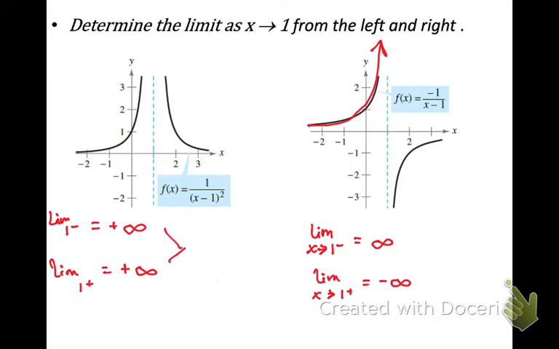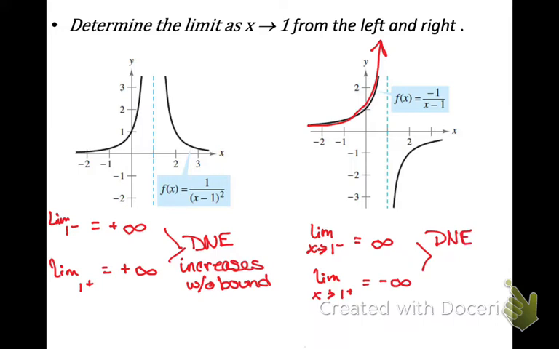So this answer would be D and E, increases without bound, right? What would the other reason be? Two different numbers. Okay, so I would take either one of those. It increases and decreases without bound, or it approaches two different numbers. And the biggest problem is it approaches two different numbers. So that's what I would do.